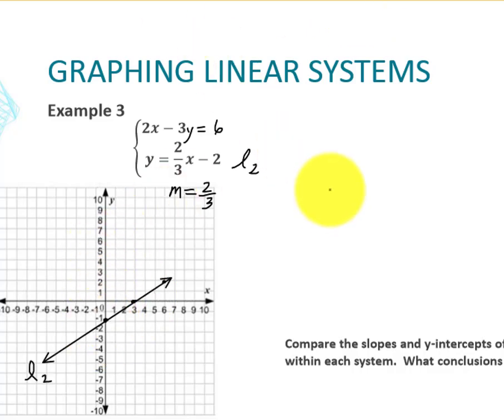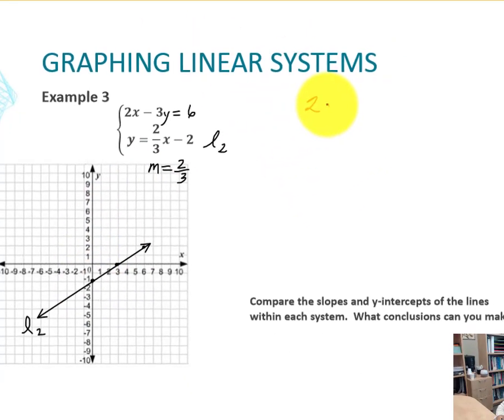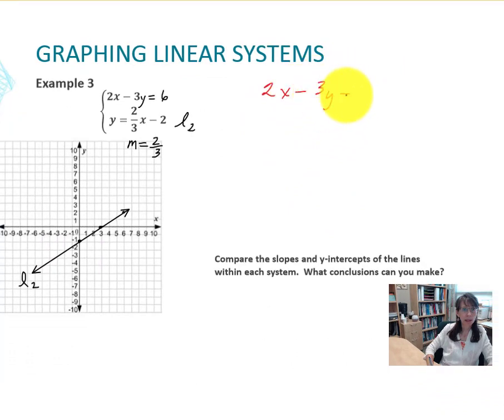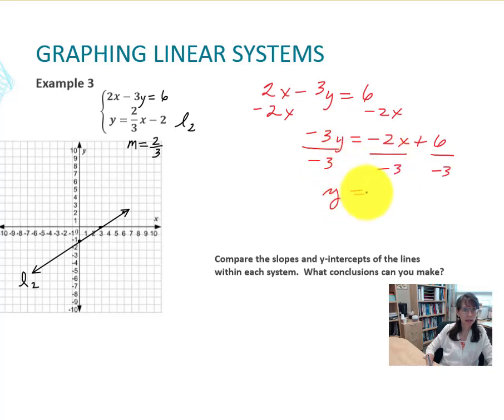Now with the first line, we'll need to rewrite that. 2x minus 3y equals 6. So I'll subtract 2x from each side to get negative 3y equals negative 2x plus 6. I'll need to divide all terms by negative 3, so I end up with y equals positive 2/3 x minus 2.